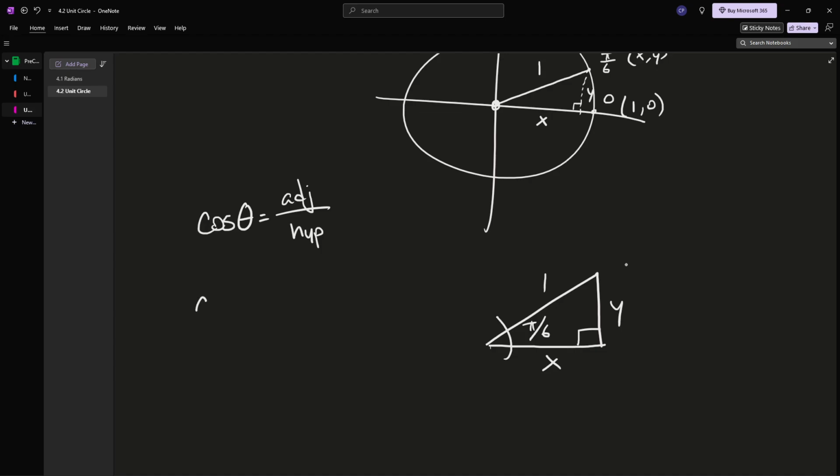Plugging in what we know, we have cosine theta is equal to x over my r, or my 1. So cosine theta equals x, just because my r in this case is 1. Cosine theta equals x, or it would be x over r if r was not 1.